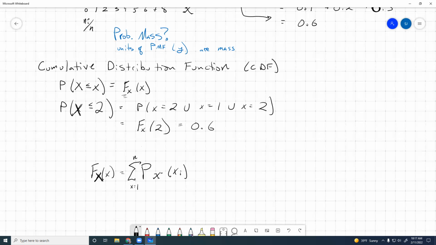All we're saying with this cumulative distribution function is you sum up the individual values up to that value. So a cumulative sum. And we can draw this out.